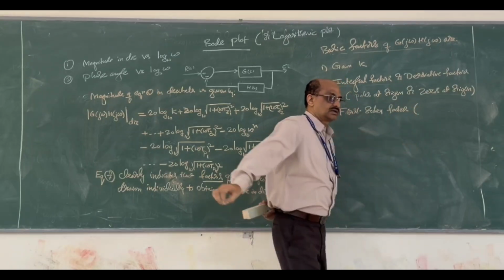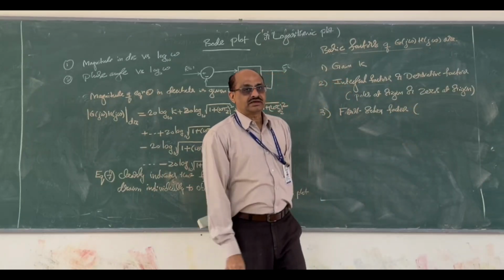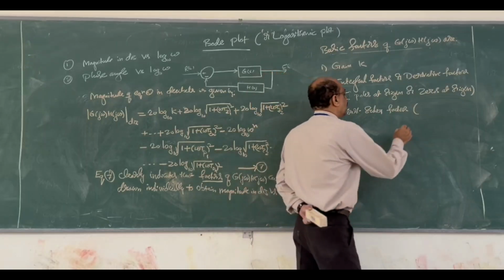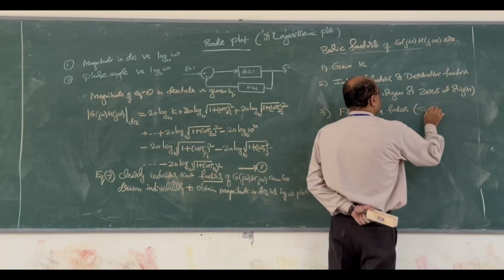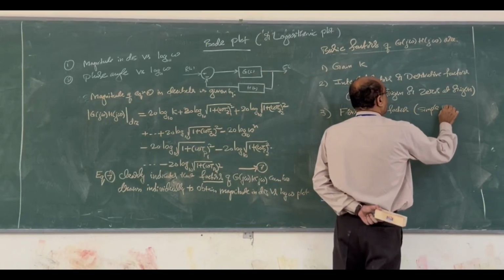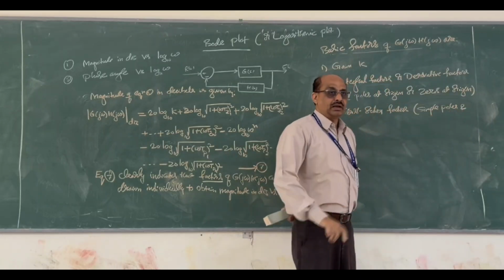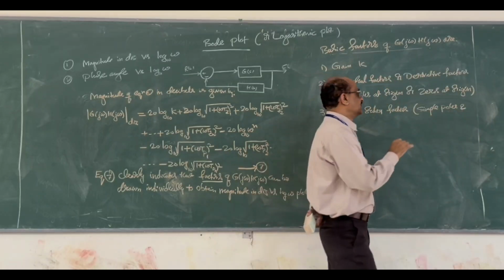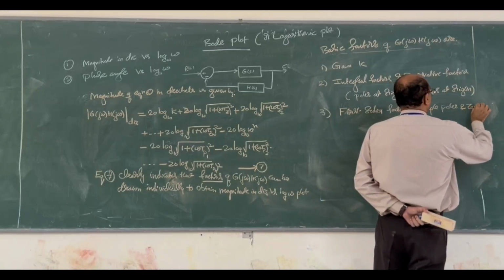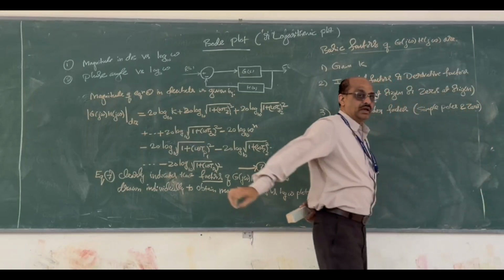First order factors are termed as simple zeros and simple poles. Simple poles and zeros may exist.